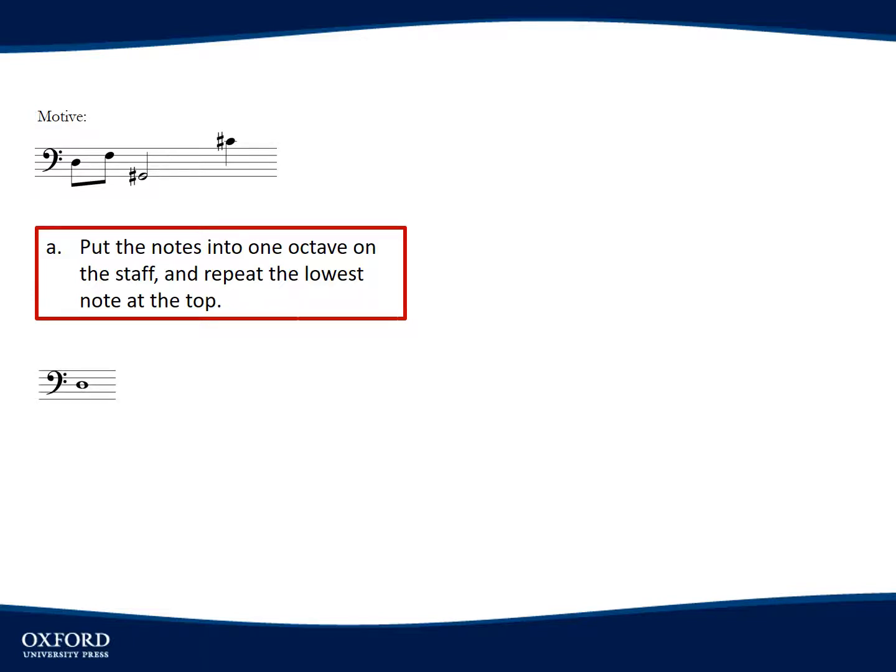I chose D because it was the first note of the motive. Now let's move up and find the closest pitch, which is F. Moving up again, the closest pitch is G sharp. And we change the register of that so that all the notes will fit into one octave. Finally, we have C sharp. When we're done with that, we repeat the lowest note D an octave higher.